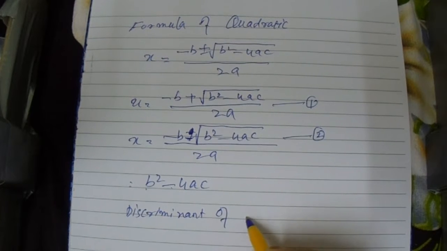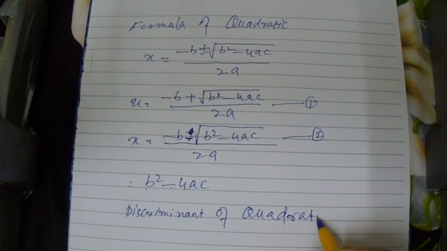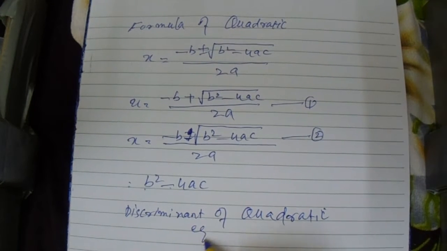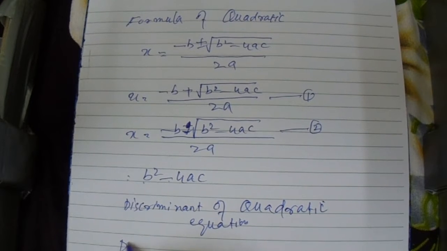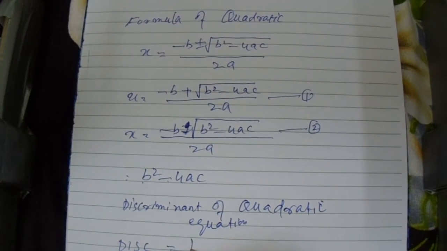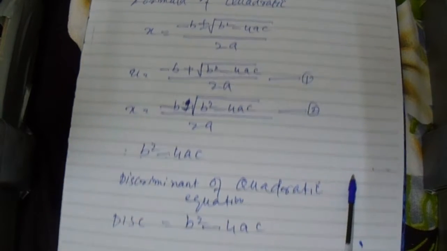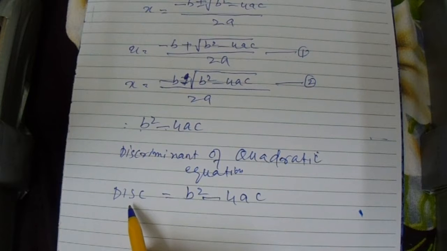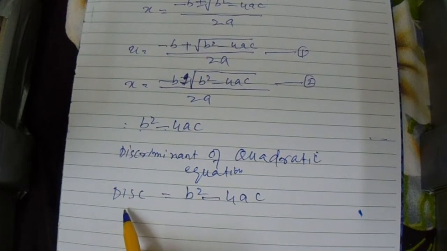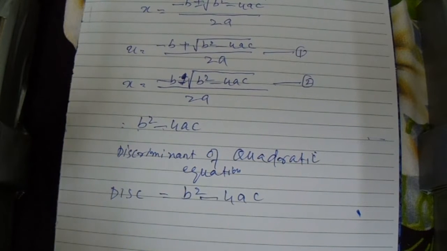Discriminant is equal to b square minus 4ac. With the help of the discriminant, we will decide the nature of the roots of the equation.